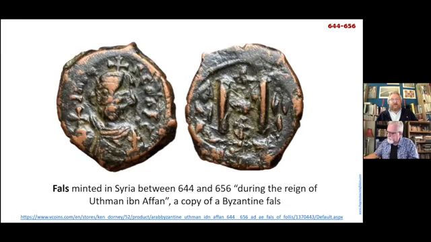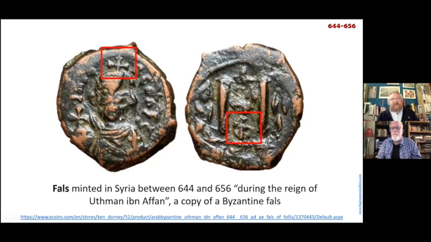It's the same also with this coin, another coin minted between 644 and 656, which is also a copy of Byzantine coins. And we still have the crosses, we still have the emperor, the Byzantine emperor figure. This is him here.